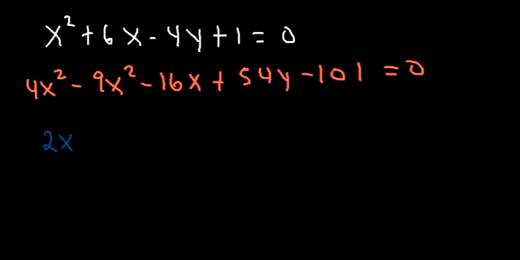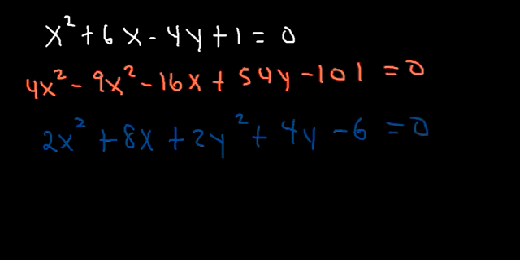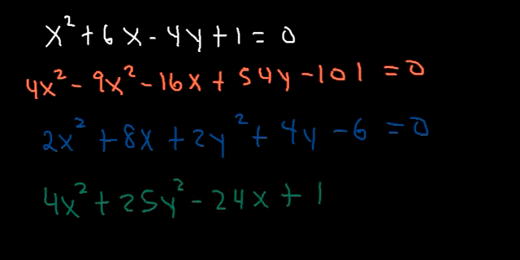And then this one, 2x squared, and the last one. So given these 4 equations, which one is a circle, which one is an ellipse, which one is a parabola, and which one is a hyperbola?